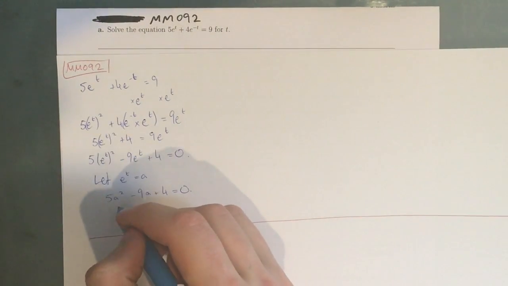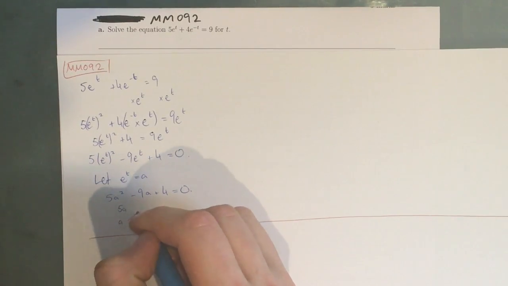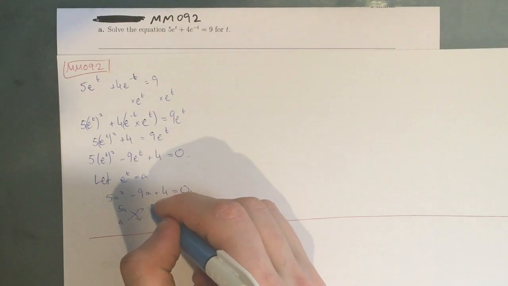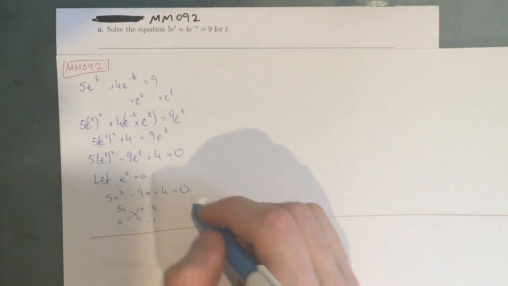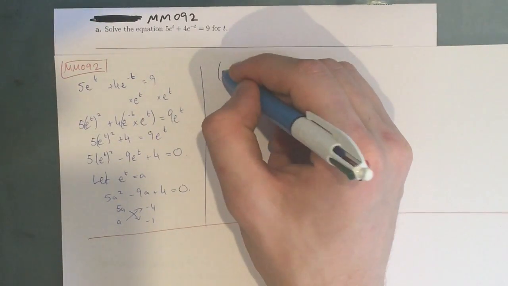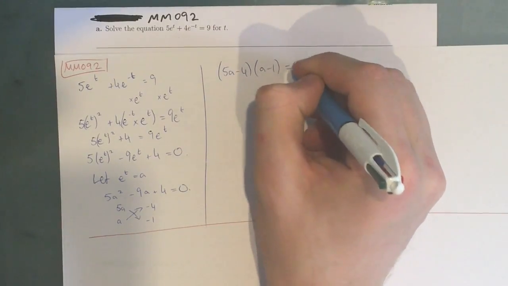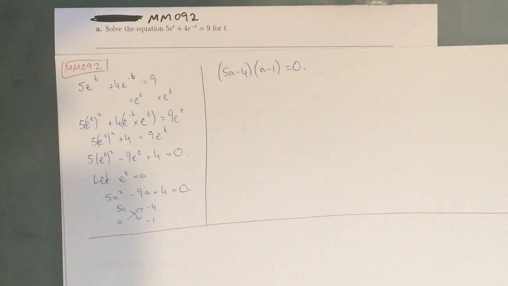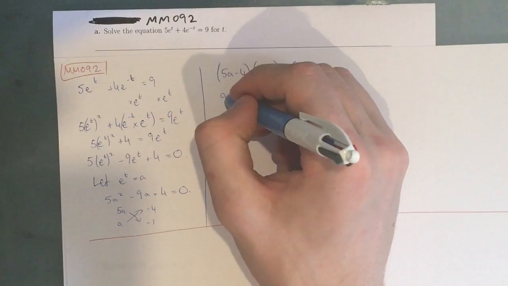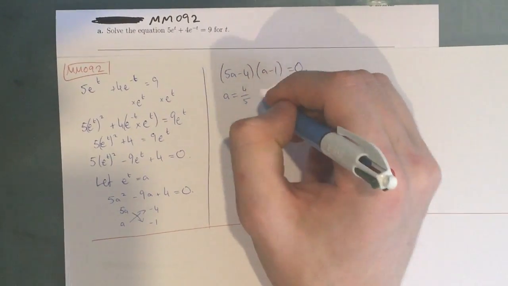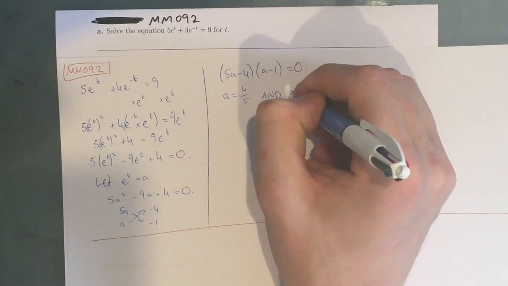Now we get a cross multiplication: 5a, negative 4 and negative 1, which gives us (5a take 4)(a take 1) equals 0. And what we get is a equals 4 over 5 and a equals 1.